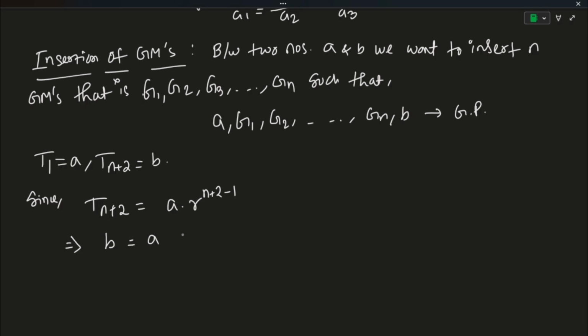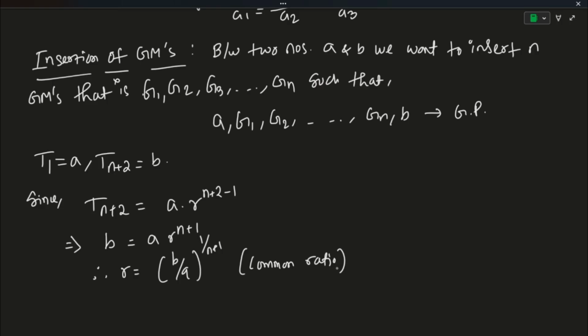You know the value of A and you can write this as A into r to the power n plus 1. Therefore from here I get the value of r as (B by A) whole to the power 1 by (n+1). First divide by A on this side and then take the (n+1)th root on both sides, so that r to the power n plus 1 becomes r and you get this value. This is your common ratio.